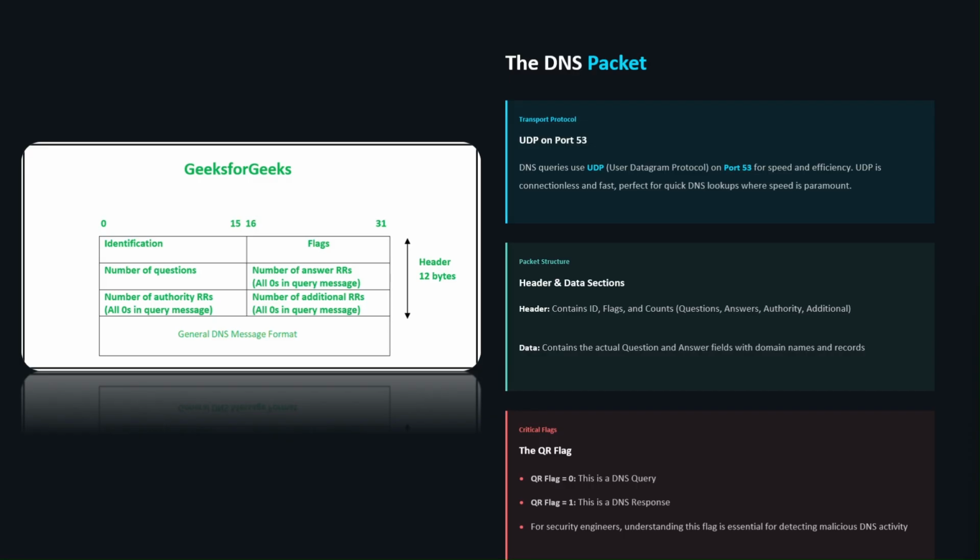The packet structure is simple but critical: a header containing ID, flags and counts, and a data section with question and answer fields. For security engineers, the flag field is vital, particularly the QR flag. A 0 indicates a query and a 1 indicates a response. Understanding this structure is key to detecting malicious DNS activity.